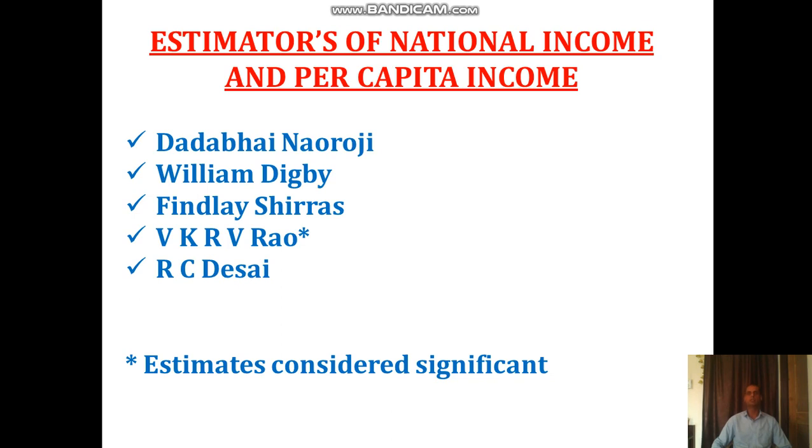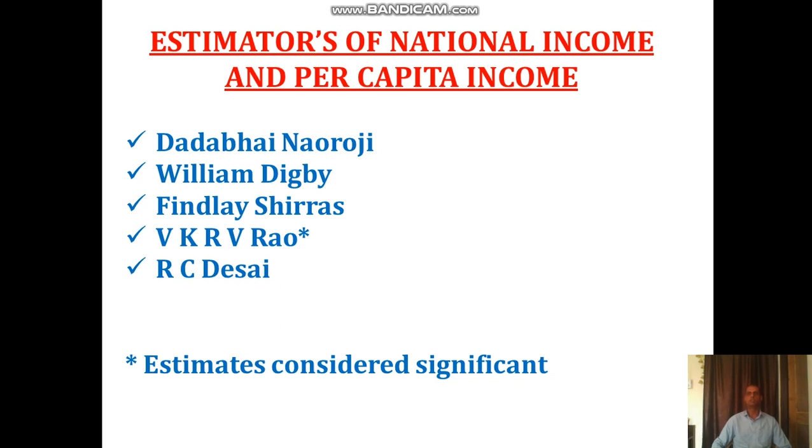National income is related to production activity, so it is an indicator of growth. Every year the Indian economy is estimated by the central bank, and we try to understand our economy's progress. But during the British era they never estimated national income, which is related with output and production.